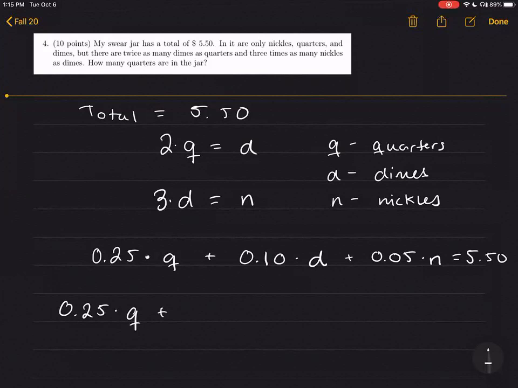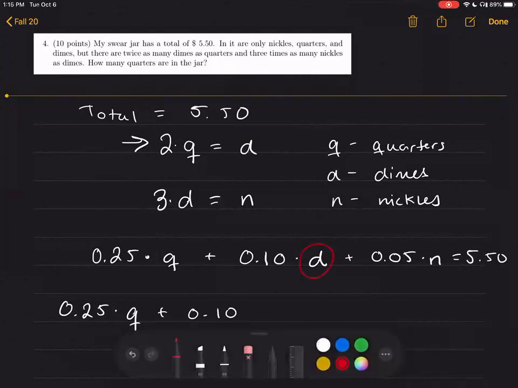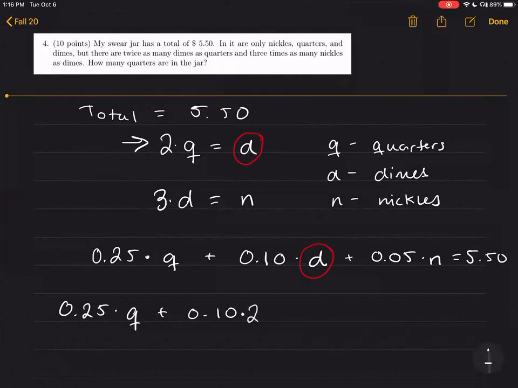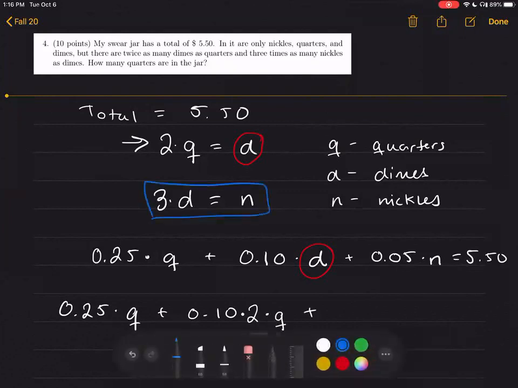And then if I divide, taking this equation right here, if I divide both sides by 2, I get Q equals D over 2. Or sorry, we don't need to do that. We can just take D as it is right here, and we can sub in 2Q right there. And then N is slightly trickier, but we're going to use this equation here, right?